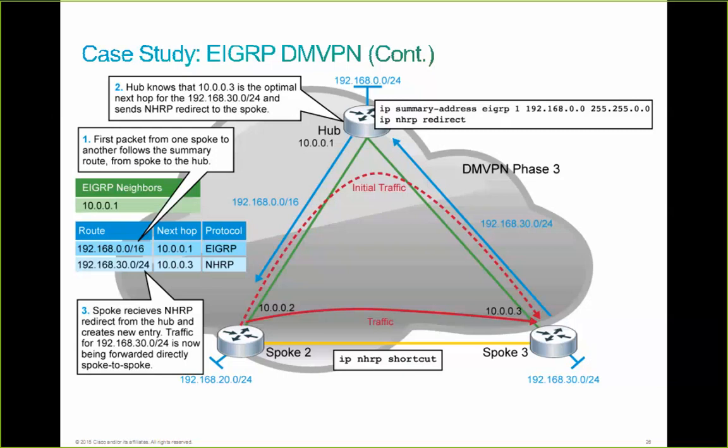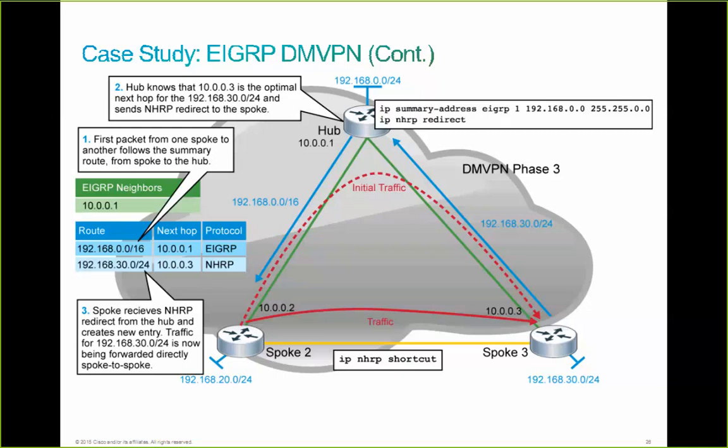Let's say that a packet gets sent from the spoke 2 LAN and it's supposed to go to the spoke 3 LAN address. The spoke 2 router is going to look into its routing table and it's going to see that there's a summary network route that includes that destination network with the hub router as the next hop.